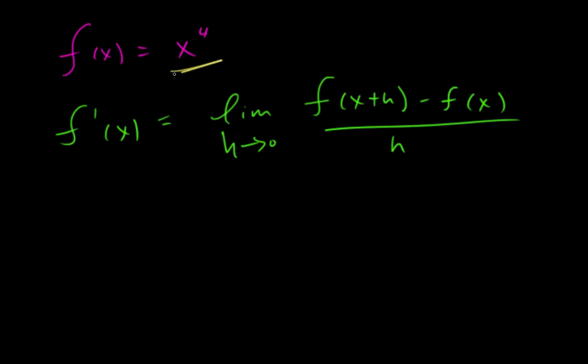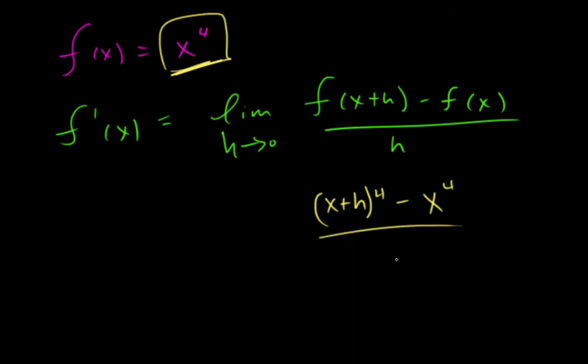Our function is x to the fourth, and so if we replace x with x plus h, we're going to get x plus h to the fourth. This is just f of x, so it's just x to the fourth. And h is just going to stay h.